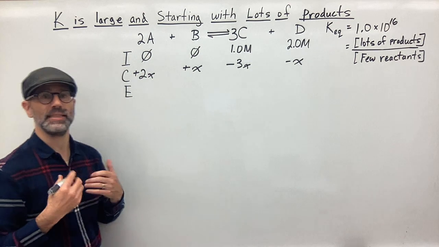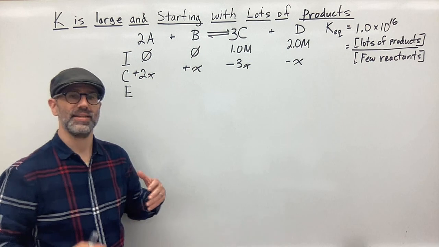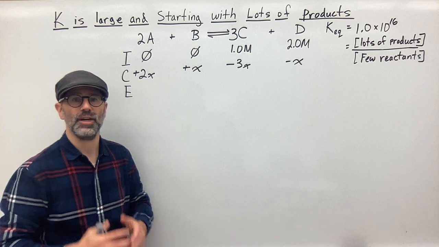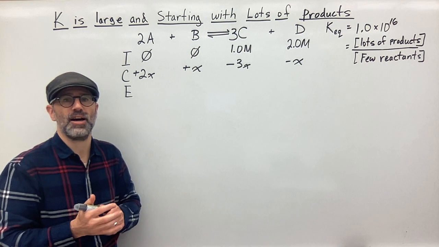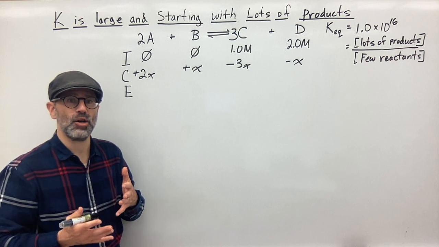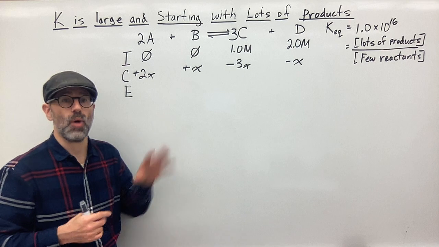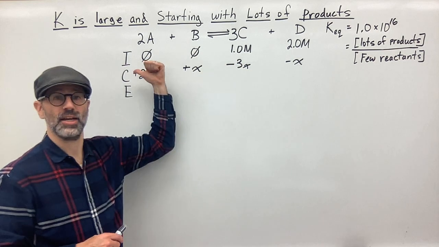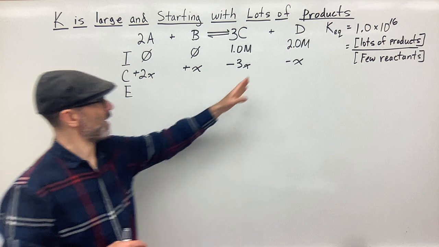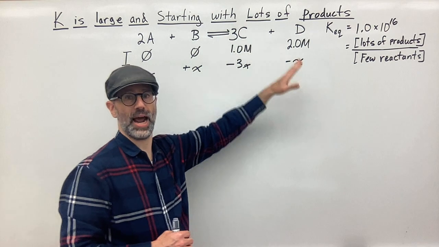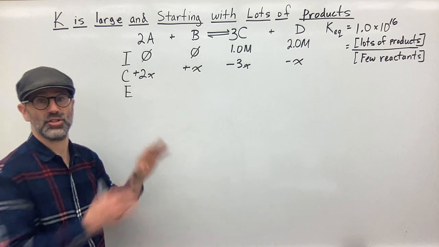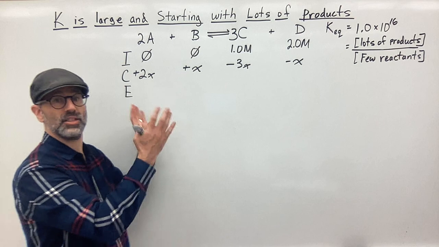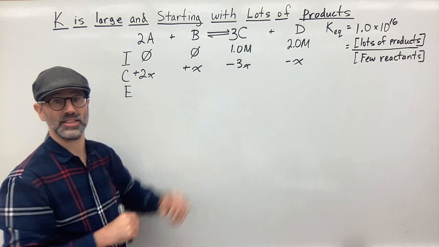Now, one thing I want to say before moving on is that students might have an inclination to want to reverse the reaction because it's shifting this way. So technically, you might think, well, then this is the reactant and this is the product, and you might be tempted to switch the reaction and do your ICE table.